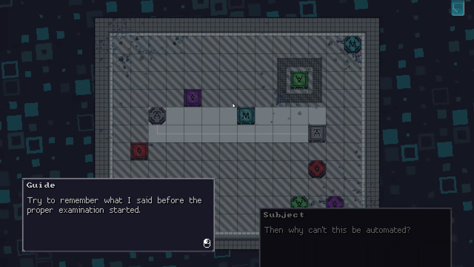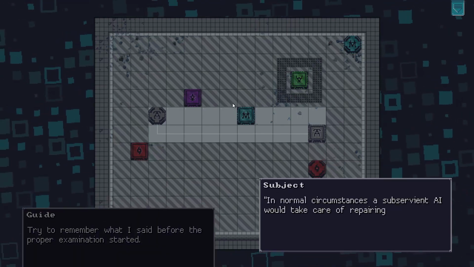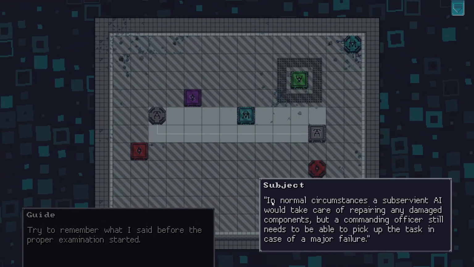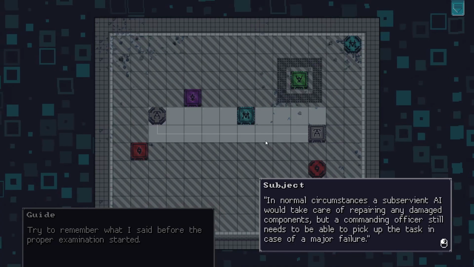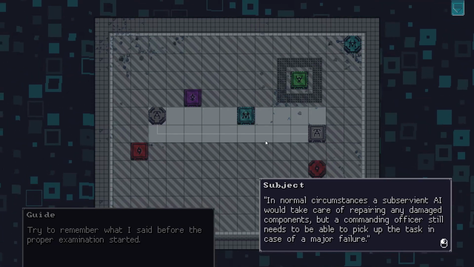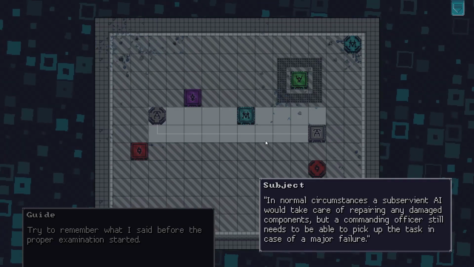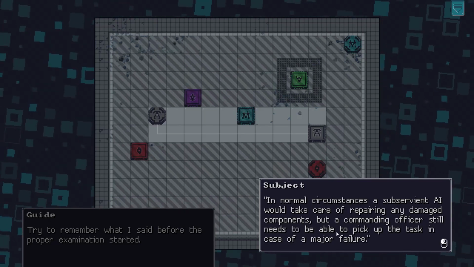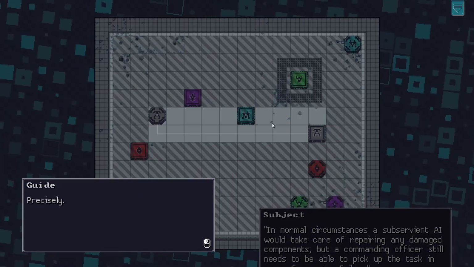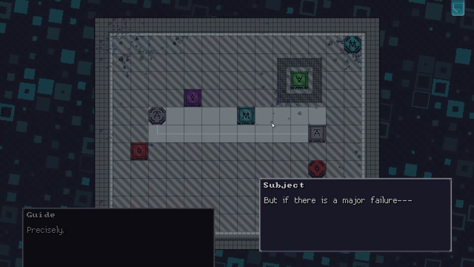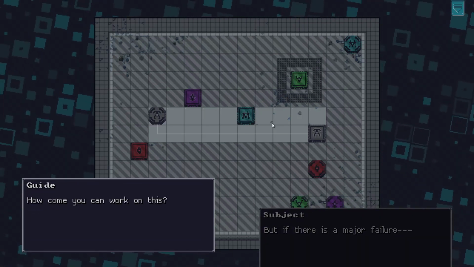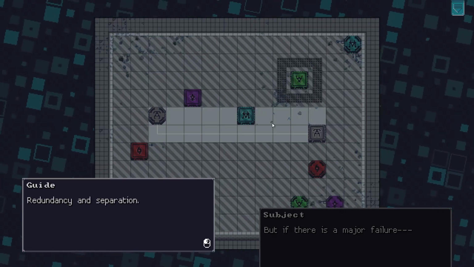Try to remember what I said before the proper examination started. In normal— oh man, exact verbal recall. In normal circumstances, a subservient AI would take care of repairing any damaged components, but a commanding officer still needs to be able to pick up the task in case of a major failure. Subject is paying attention, a lot more than I am. Precisely. But if there is a major failure, how come you can work on this?